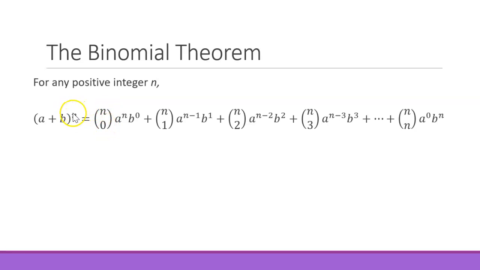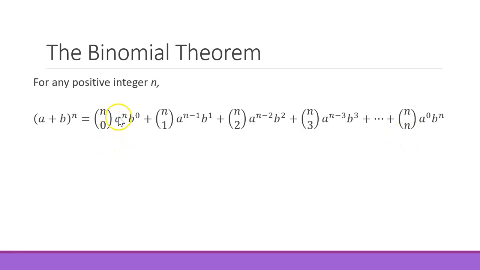So remember, n is what we're raising this to. So we're going to have n choose 0 as the first coefficient, n choose 1 as the second coefficient, n choose 2 as the third coefficient, and so on, all the way up until the last coefficient will be n choose n once we get to the same number on the top and the bottom.